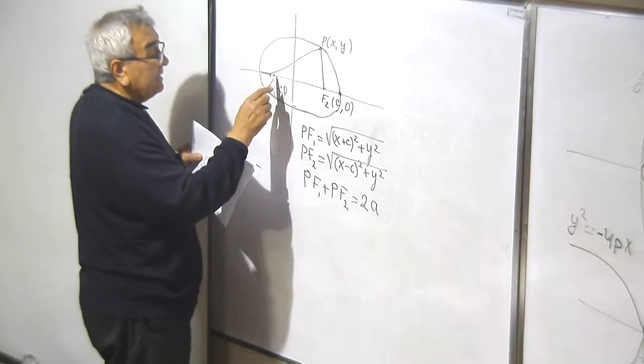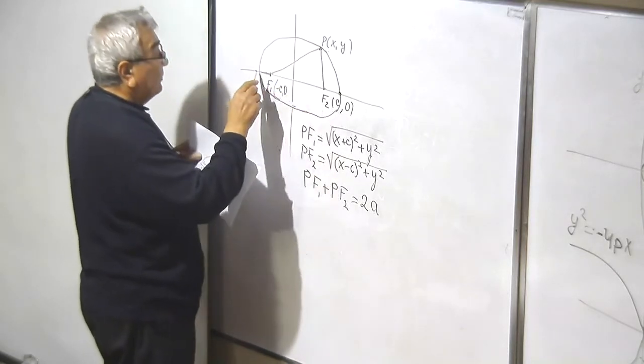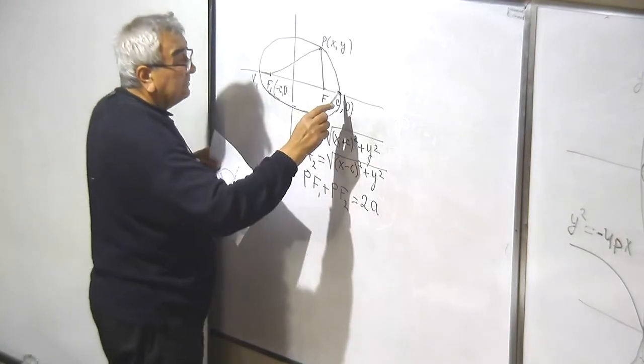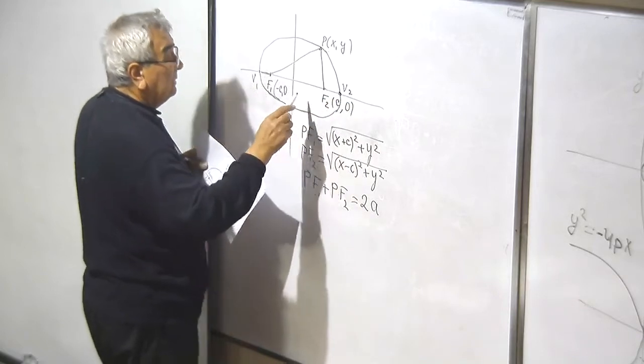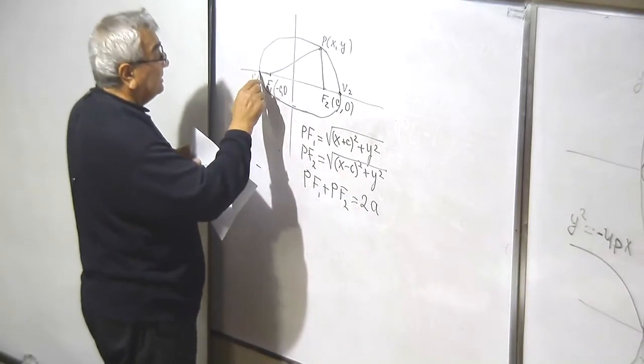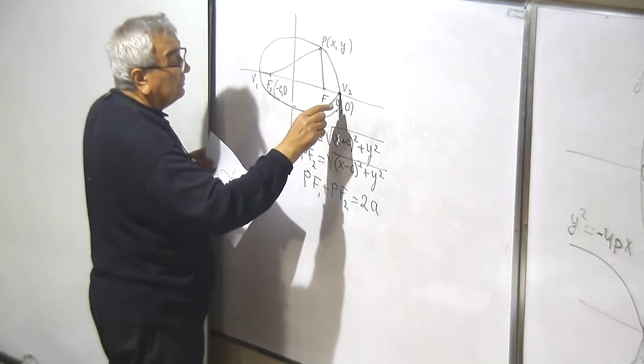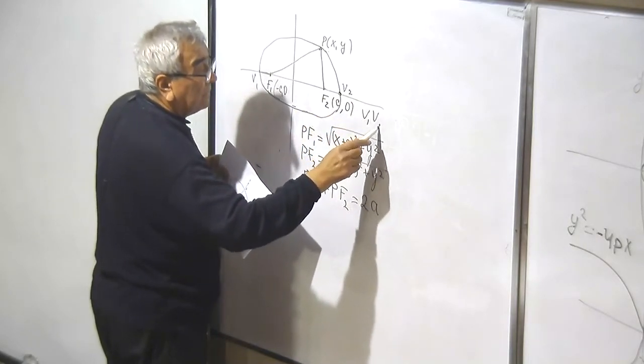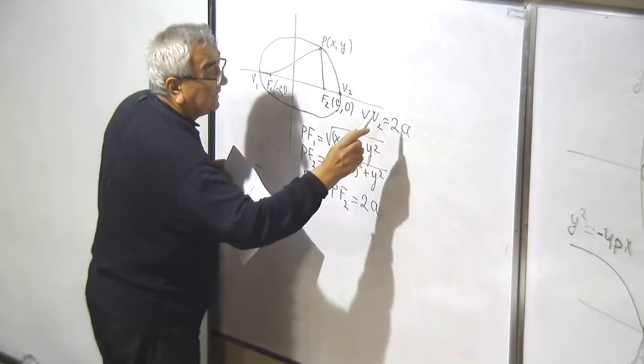This distance from this vertex, it is called vertex 1, will be equal to vertex 2. That means the distance from vertex 1 plus the distance to vertex 2 is exactly equal to 2a.